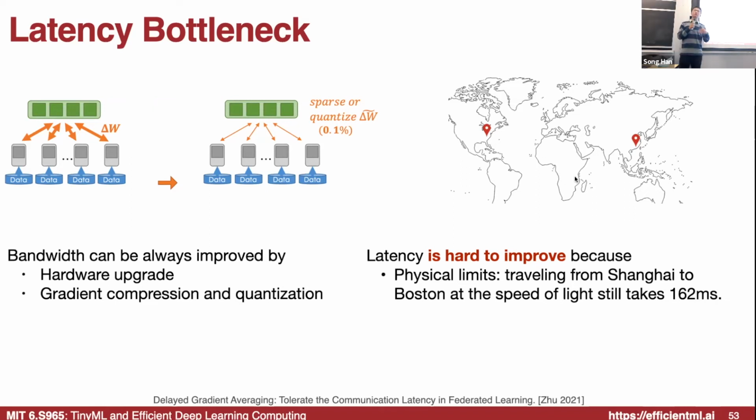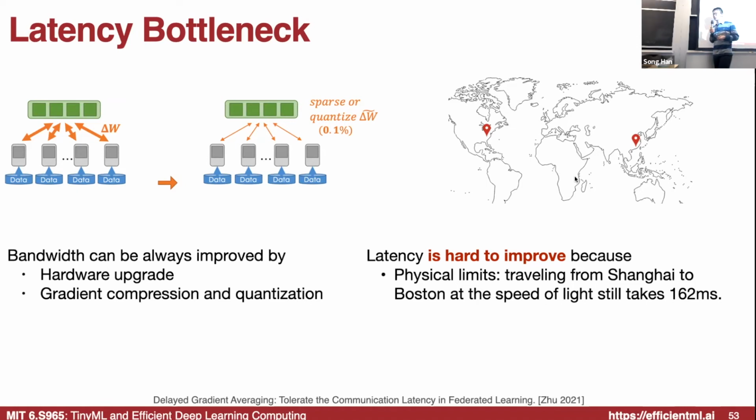And we can also use gradient compression techniques to reduce the bandwidth requirement. However, latency is hard to improve because of physics. We are limited by the speed of light. Traveling from Shanghai to Boston, even at the speed of light, requires more than 100 milliseconds. That is the physical limit we cannot improve.